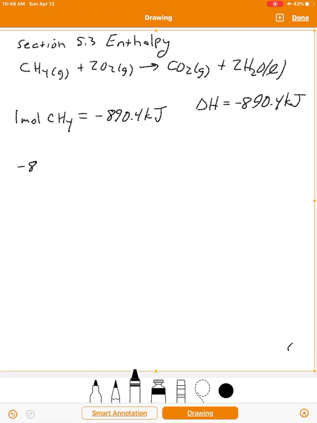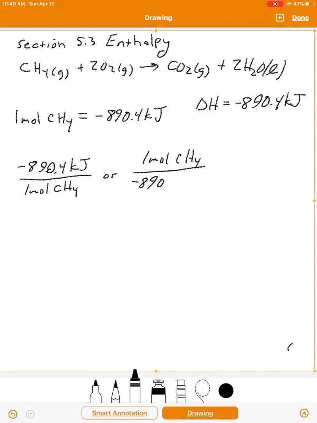I could say minus 890.4 kilojoules divided by 1 mole of methane. Or I could say 1 mole of methane is negative 890.4 kilojoules of energy. And those 2 ratios, we can use those in unit conversion problems.